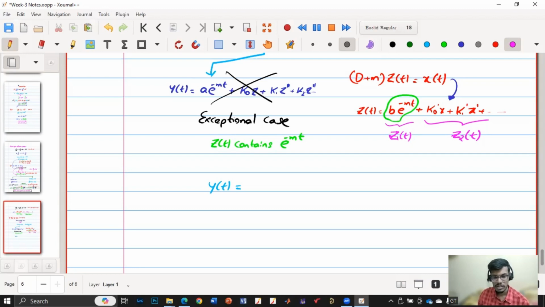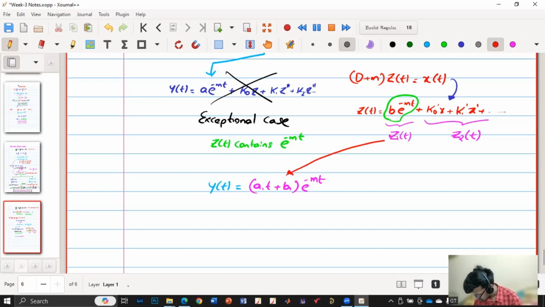So if I consider the y of t because of z1 of t, then what will be my expression? It will be at plus b, or say I'll use some different names, else it will be confusing. It will be a1 t plus b1 into e to the power minus m1 t, or mt, because this is because of z1. Do you agree?